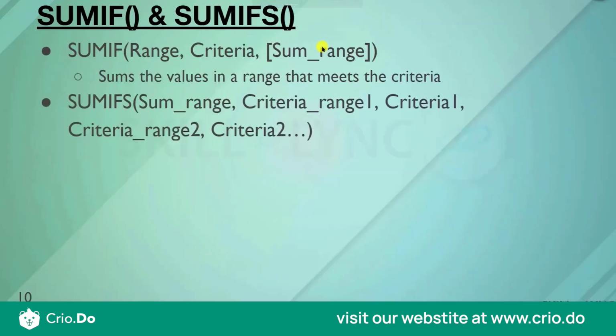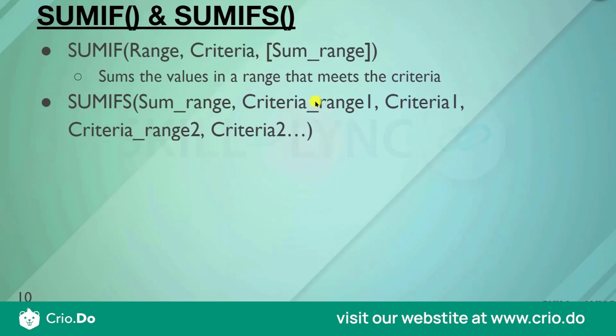In the SUMIF function, we first have the argument for the range, then the criteria, and then the sum range. In the SUMIFS function, we are trying multiple conditions and we give the range for the sum in the first argument. Then we have the criteria range 1 here, and criteria 1 is written here. Then we provide the range again here.